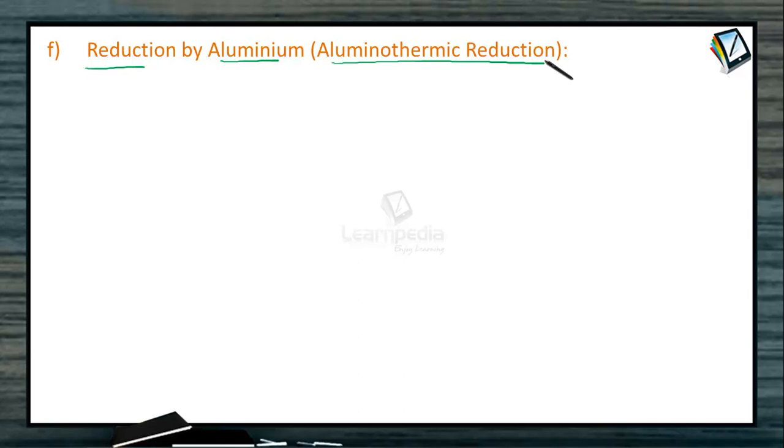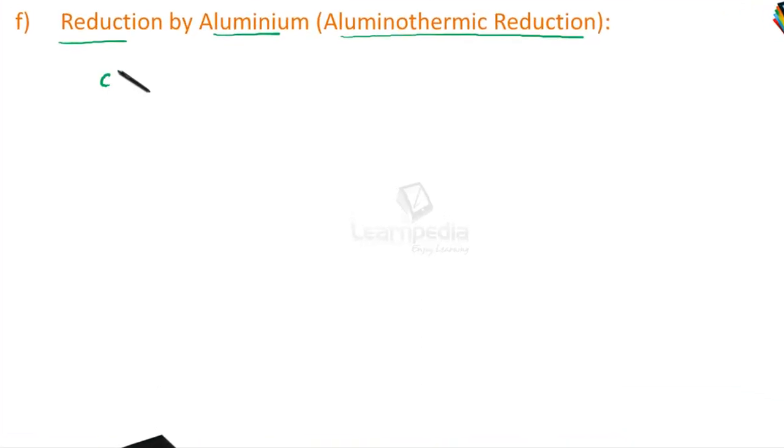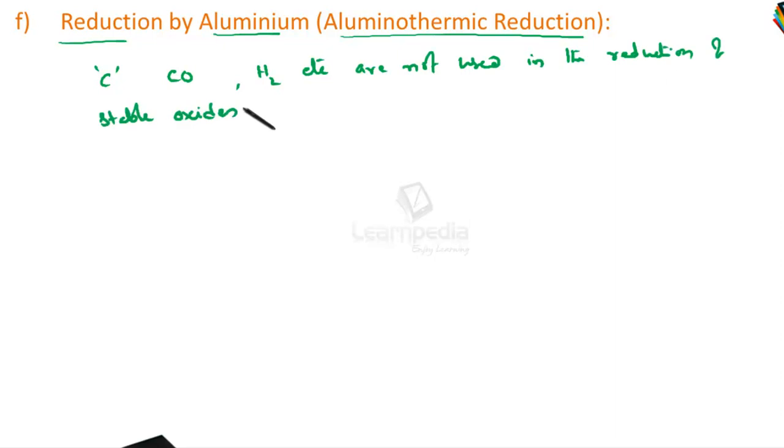Now the common reducing agents like carbon, carbon monoxide, hydrogen, etc. are generally not used in the reduction of stable oxides like chromium oxide Cr2O3, manganese oxide Mn2O3, ferric oxide Fe2O3. These stable oxides, as they cannot be reduced by common reducing agents, are all reduced by aluminium.